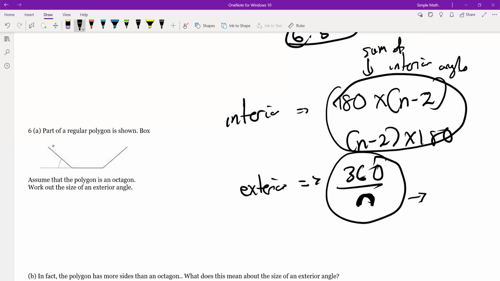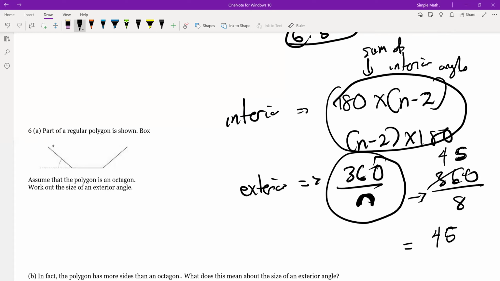They've told us that it's an octagon. So that's going to be 360 divided by 8. That gives us 45.